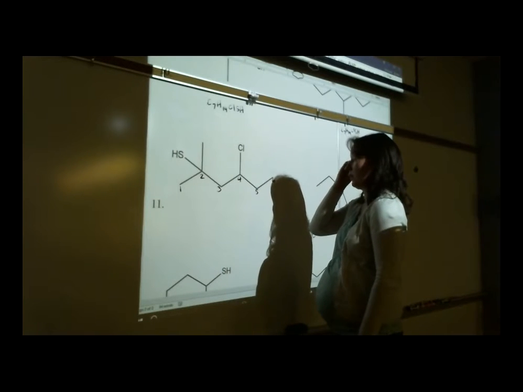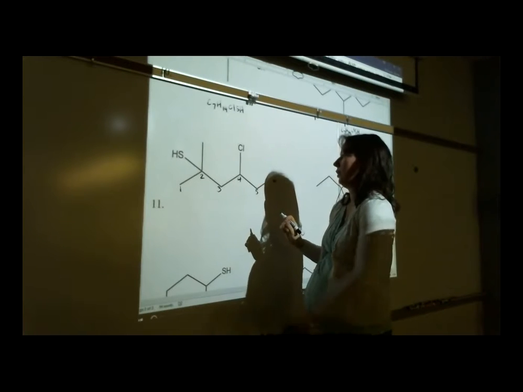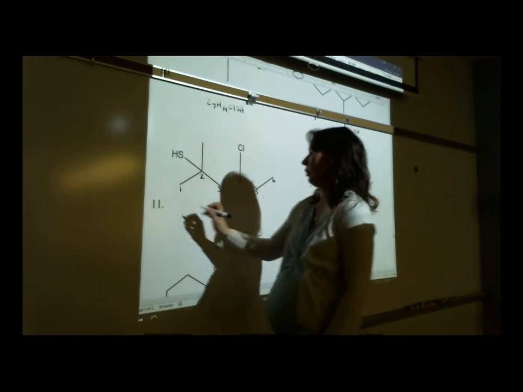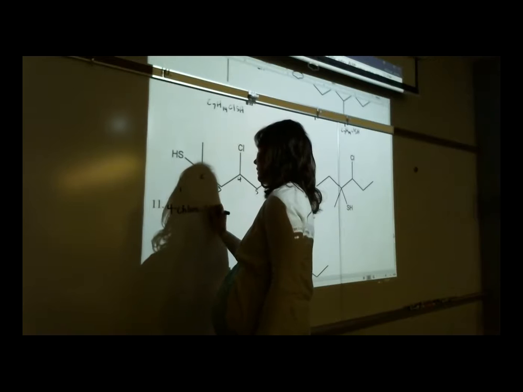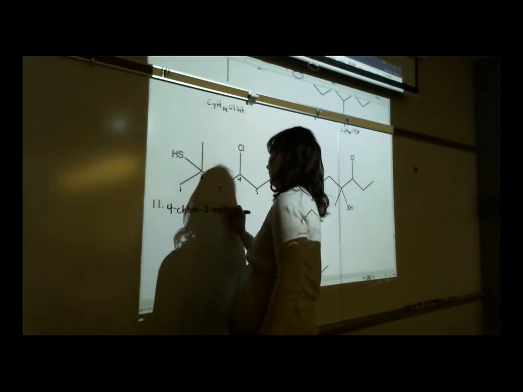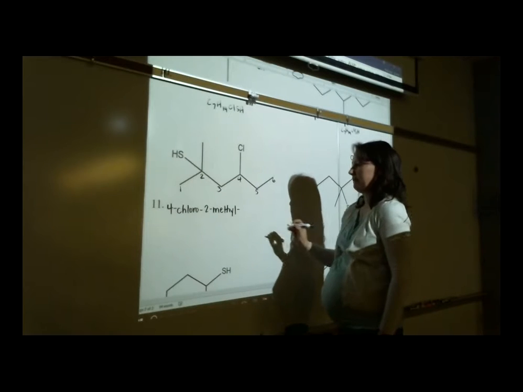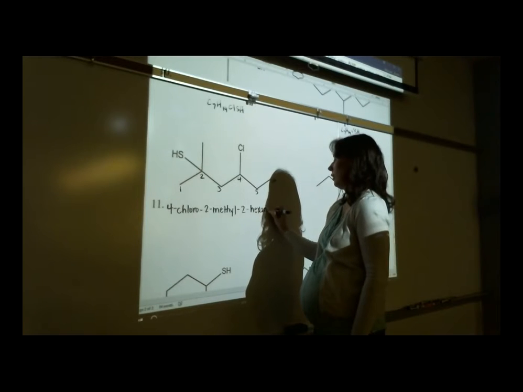So what does that give us for the name? 2 methyl. Well, oh, no, chloro comes first, right? So it'd be 4 chloro, then 2 methyl, then 2 hexane thiol. Right.